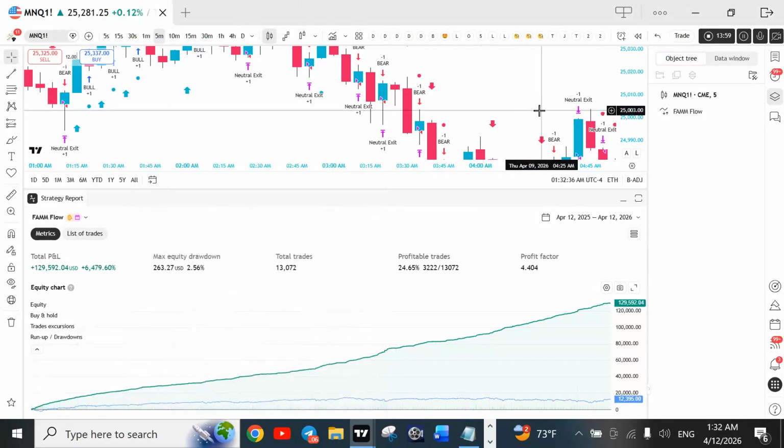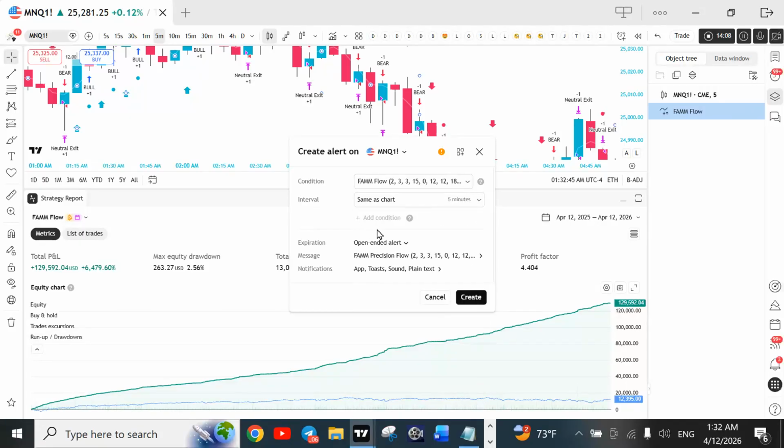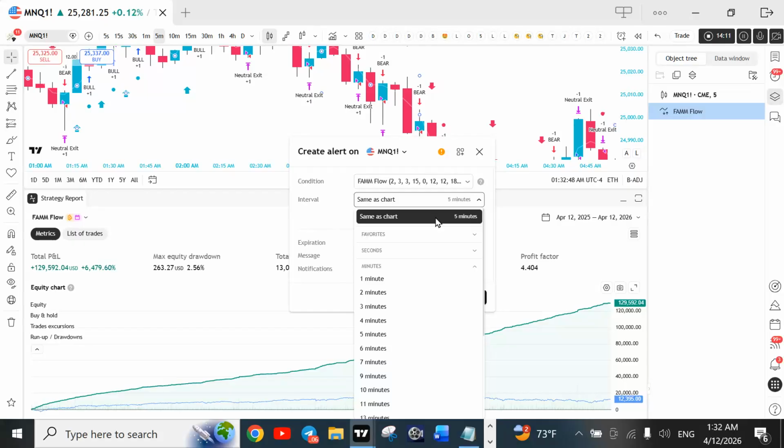What do you do? You just drag it to the chart, drop it. And then when you want to set that alert, you're going to set this alert. Do the same as chart.